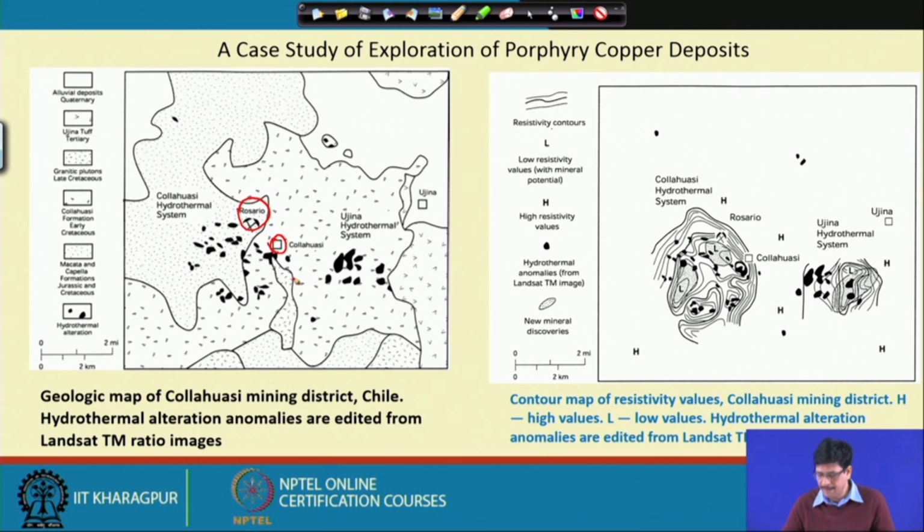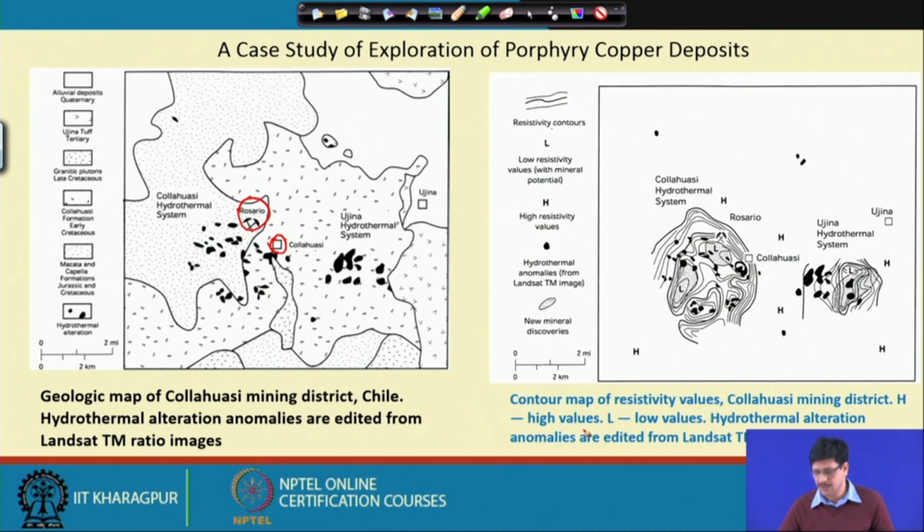So, on the right, this area was subjected to an electrical resistivity survey. We know that when a zone contains hydrothermal alteration minerals, the clay minerals, the electrical resistivity is likely to decrease compared to the dry rocks in the surroundings.